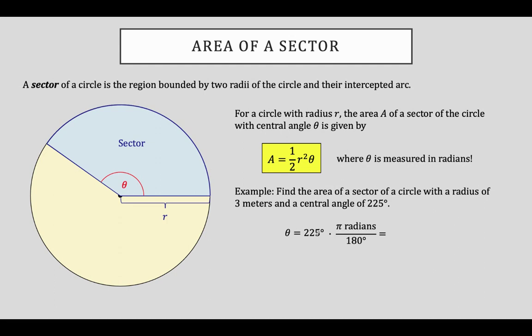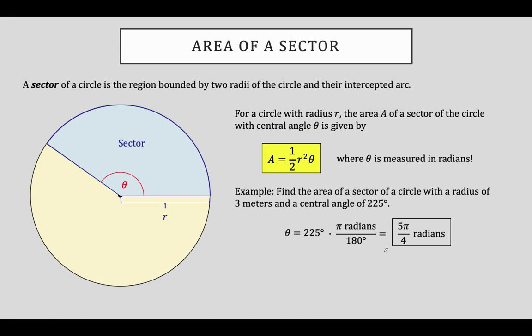Notice we get 225 degrees divided by 180 degrees. Degrees are going to cancel out. And 225 divided by 180, well, that reduces into 5 over 4 times pi. This is 5 pi over 4 radians.